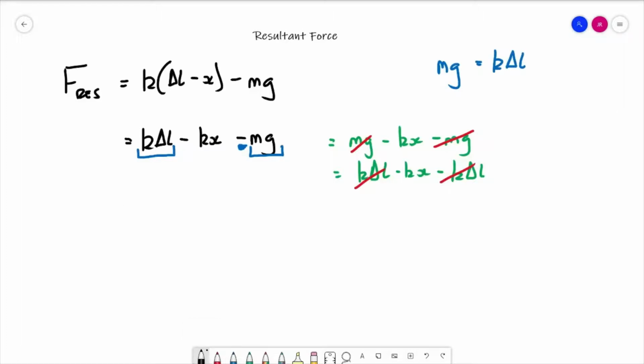Either way then, what we're left with is that the resultant force is equal to minus k multiplied by x, which is the displacement from the equilibrium position.